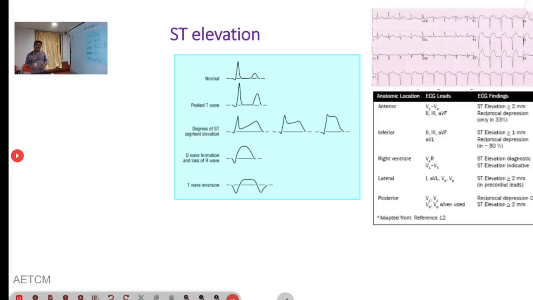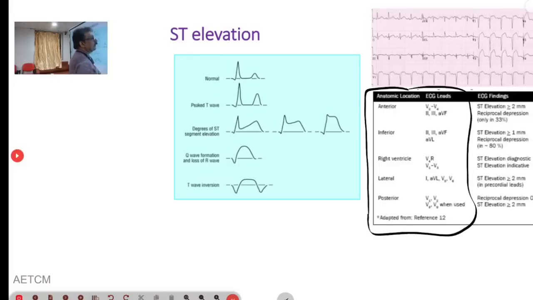Whereas if you are seeing ST segment elevation in lead 2, 3, and AVF, then it is mostly inferior wall myocardial infarction. I have seen which are the areas represented by the leads. So where all you get change, you can diagnose ST segment elevation. From those leads you can make a diagnosis of myocardial infarction of that area.